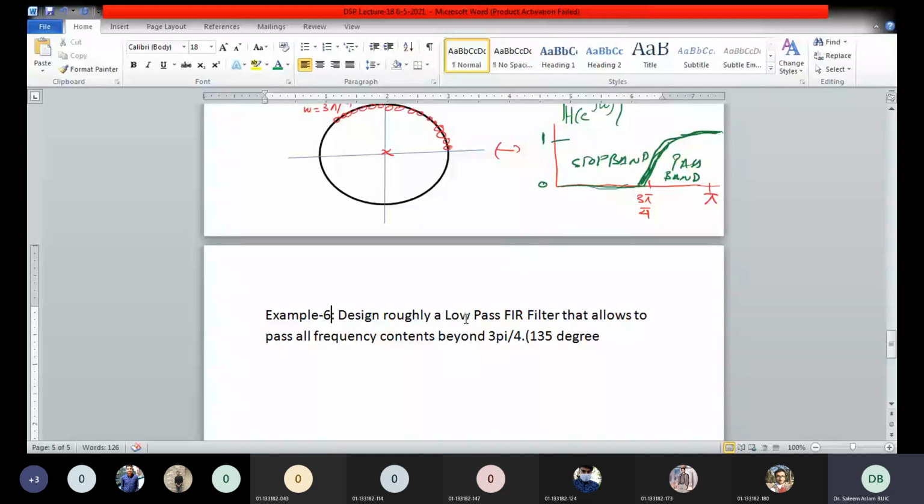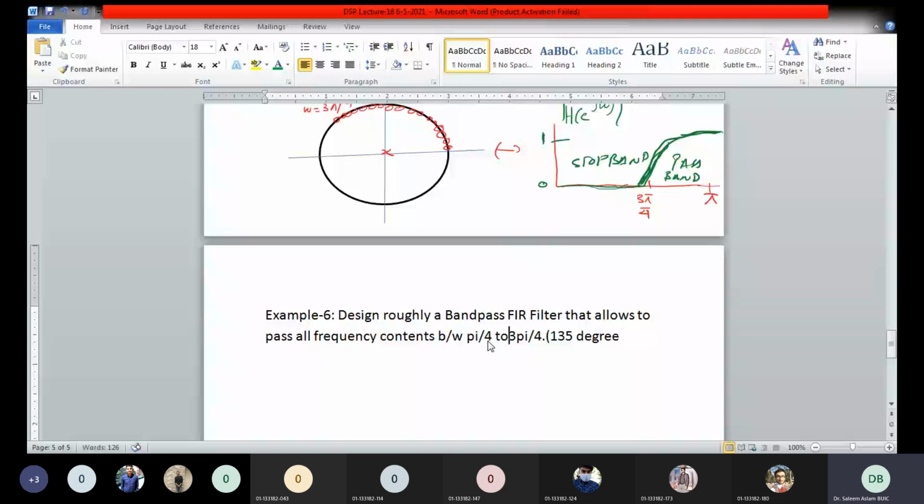Design a band pass FIR filter that allows to pass all frequency contents between, not beyond now, between. You need two frequencies. Let's assume it allows between pi by 4 and 3 pi by 4.